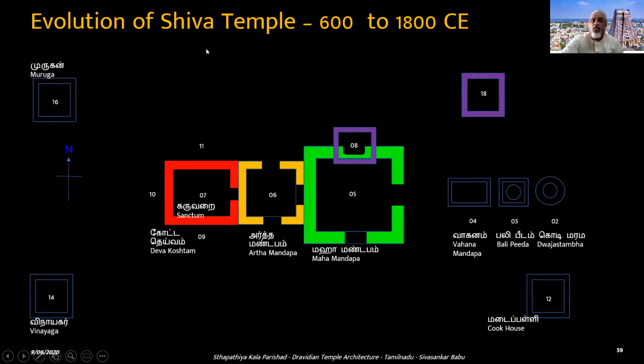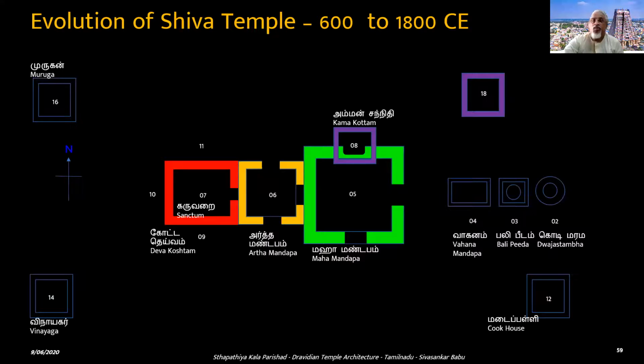Then later on, during 1100, late Chola and early Pandya period, the Amman Sannidhi, which was normally part of the Utshavamurtis here, they started building as a separate Amman Sannidhi in all the old temples.